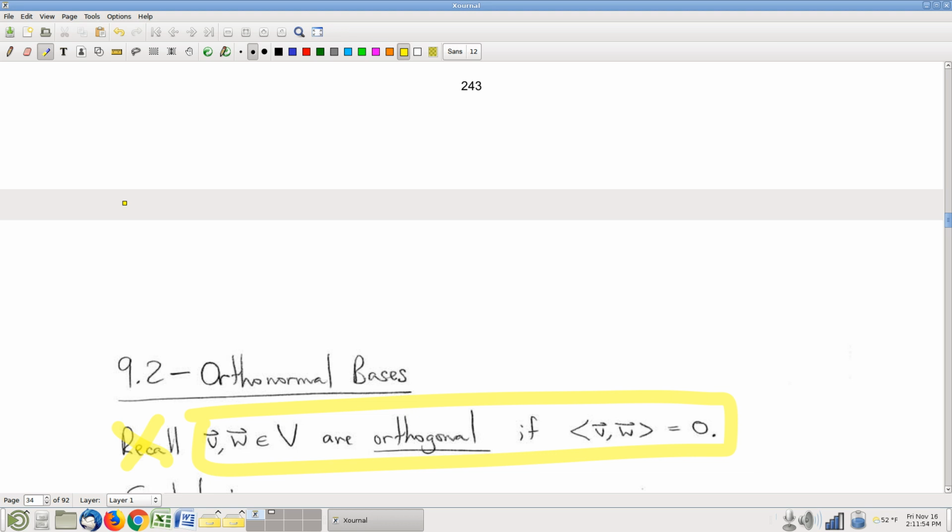Keep in mind, inner products are playing the role of dot products. This is our generalization of the idea of a dot product. So, in an inner product space, orthogonal means inner product is equal to 0, whatever your inner product may be. If you're using the L2 inner product, equals 0.